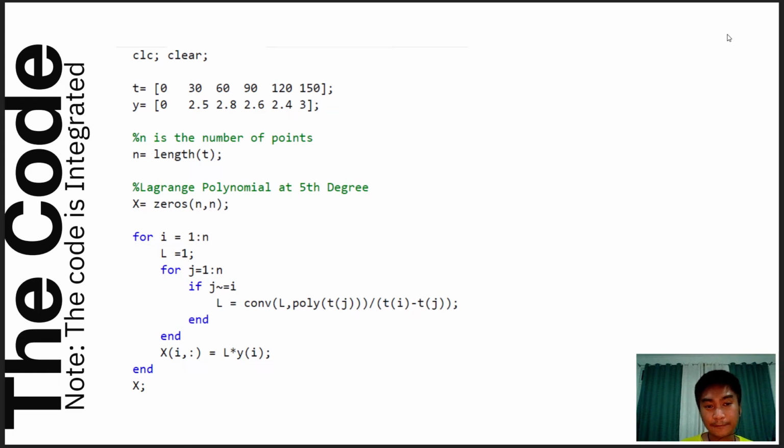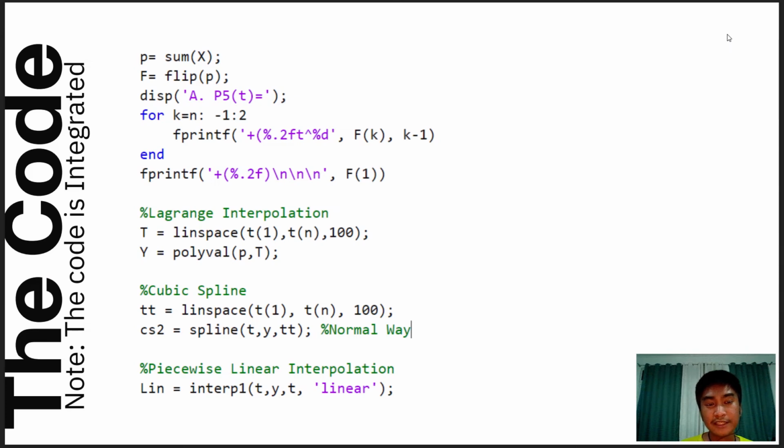Then P is equivalent to sum of X, and F is equivalent to flip of P, and then we display in the command line the resulting equation. So for k equals n minus 1 down to 2.